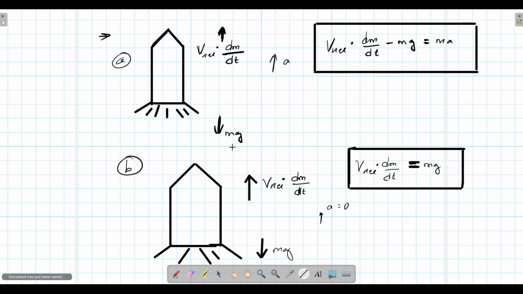So in case of rocket propulsion, when the rocket moves upward with constant speed, acceleration is 0. When the rocket moves upward with positive acceleration, acceleration is positive.